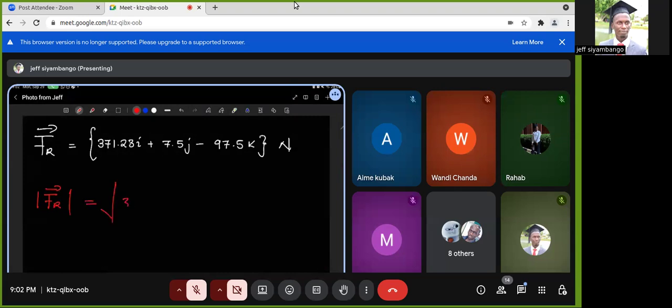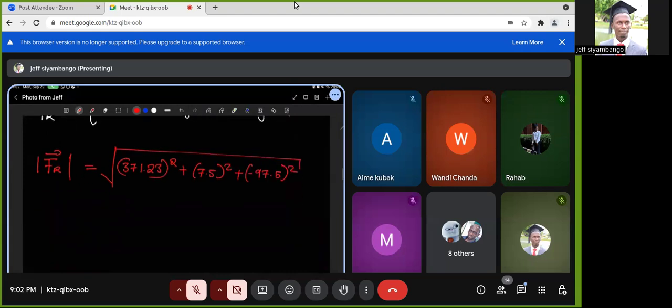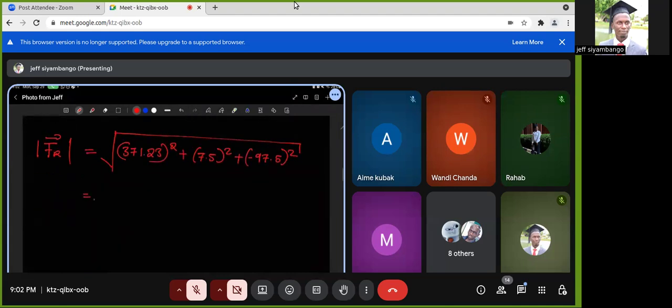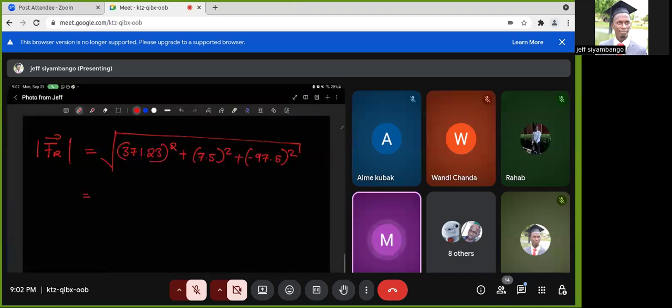So it's going to be 371.3 squared plus 7.5 squared plus minus 97.5 squared. So what are you getting there?